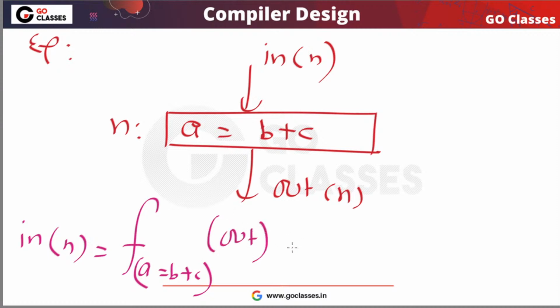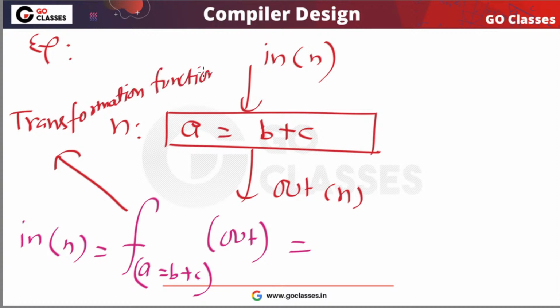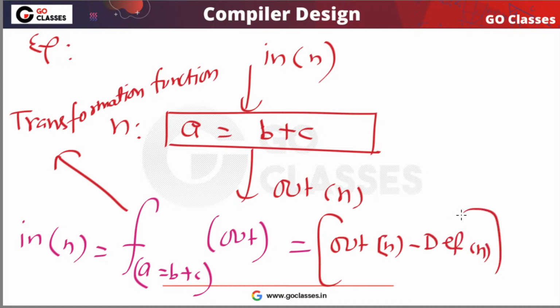You already know this function. It is called a transformation or transition function. That is out of n minus def of n union use of n.